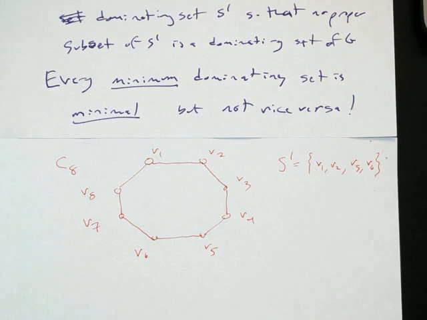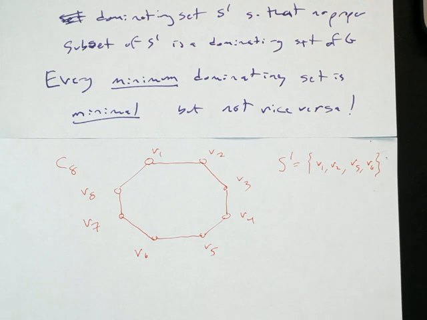However, C8. What's the domination number of C8? Say again? Not floor, ceiling. Ceiling of 8 on 3 is 3. I should be able to do this in 3.